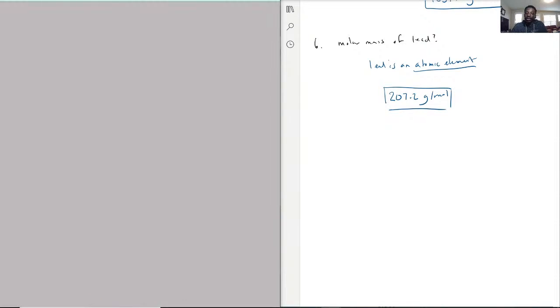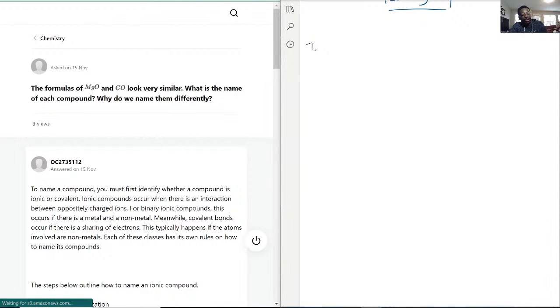So now let's move on to question 7. The formulas for magnesium oxide and carbon monoxide look very similar. What is the name of each compound, and why do we name them differently? So I'll definitely just give away the answer right there, but let's just write down what it says.